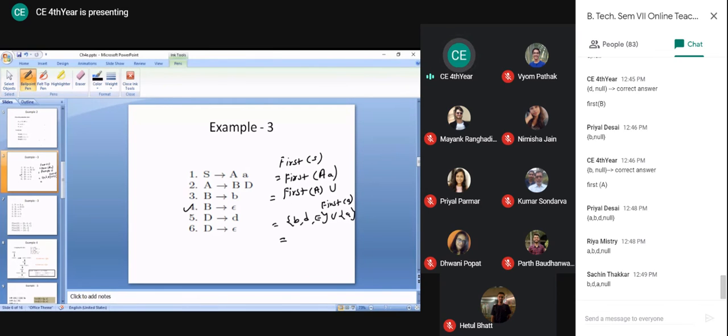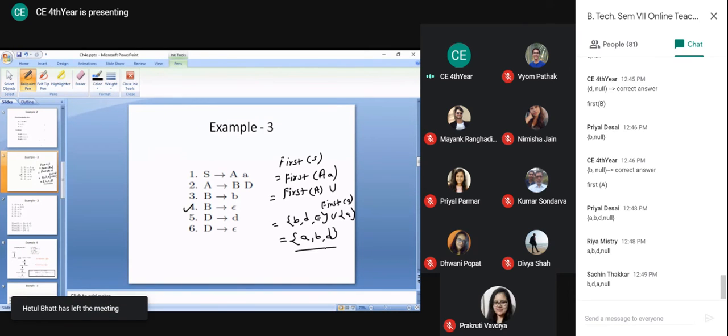The correct answer is A, B and D. Why is null not there? Because when you derive any symbol from S, you are never able to derive null. From S we get AA. Now if I put null for this, we are still able to derive A. We are never able to derive null from S. Is it clear?